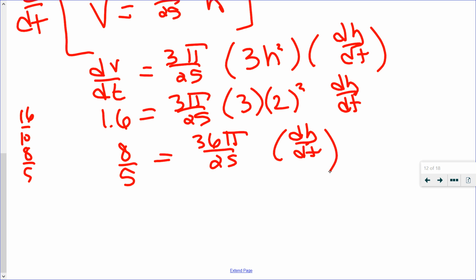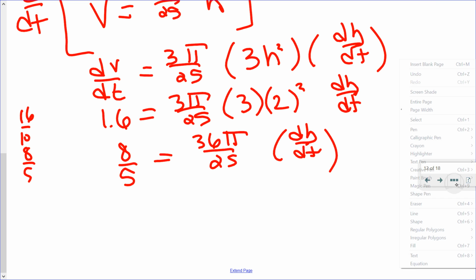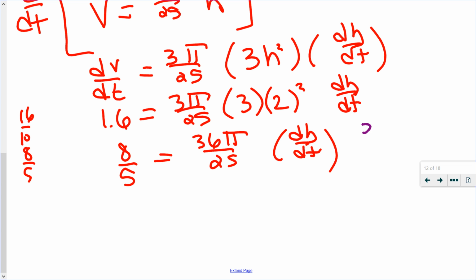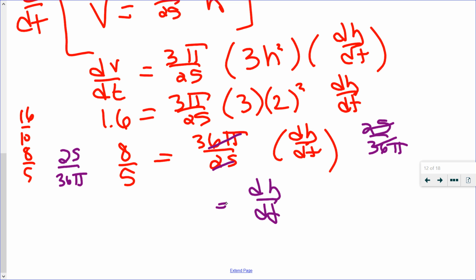So to get dh by dt all by itself, I'm just going to divide both sides by 36 pi over 25, or you can just multiply both sides by the reciprocal. That might be a little bit easier. So multiply both sides by the reciprocal, because then these cancel, and I'm just left with dh by dt equals, on the other side, I just have to simplify.